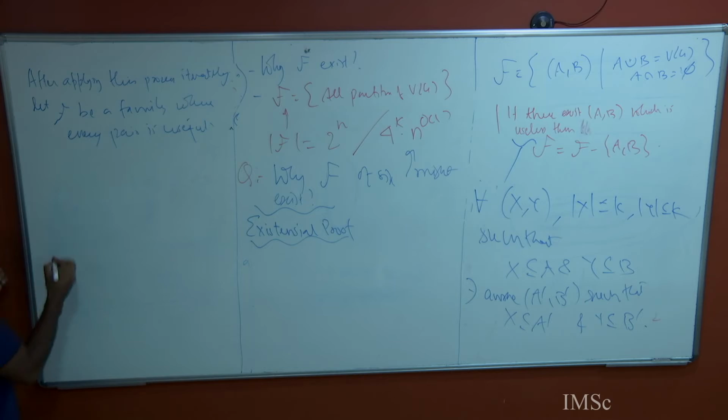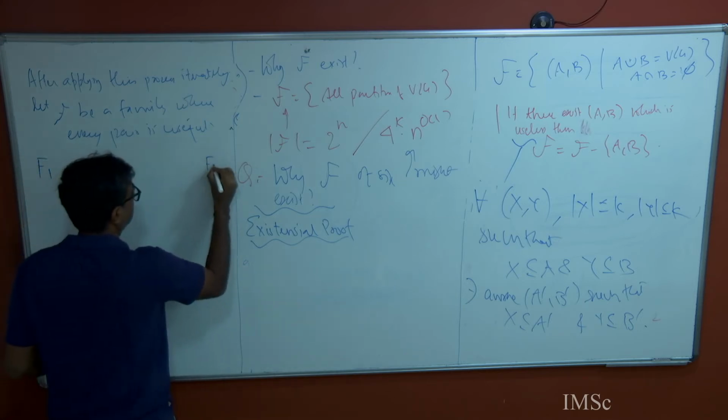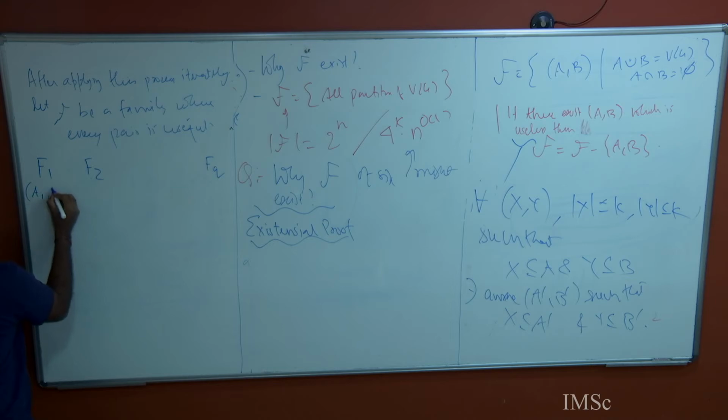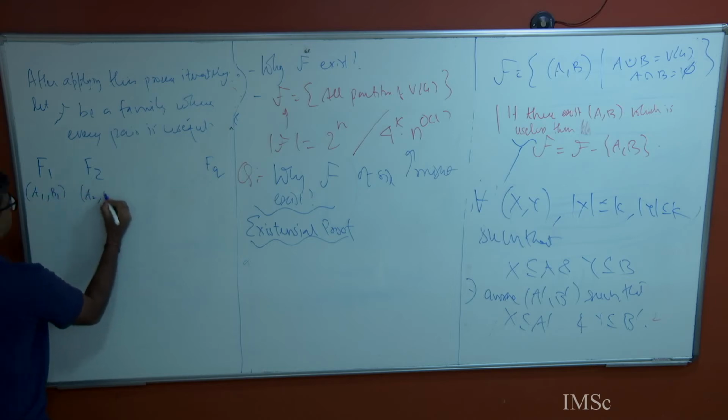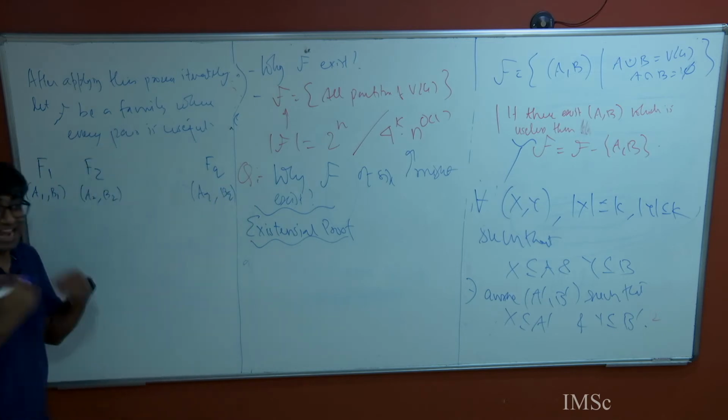What is the meaning of this? Let's write it. Suppose I have F1, F2, up to Fq, these are my partitions. Let's call them (A1, B1), (A2, B2), up to (Aq, Bq). I cannot throw them out.